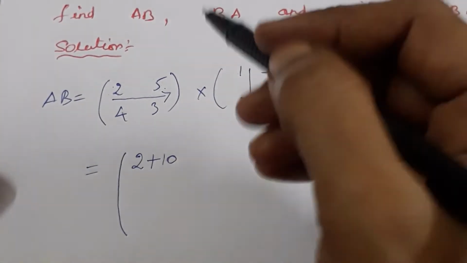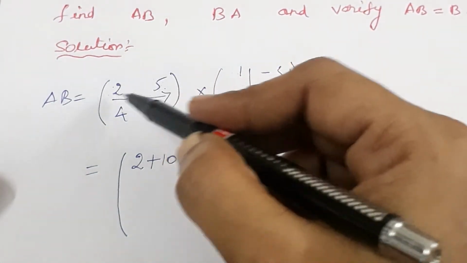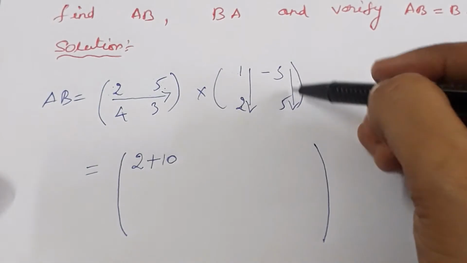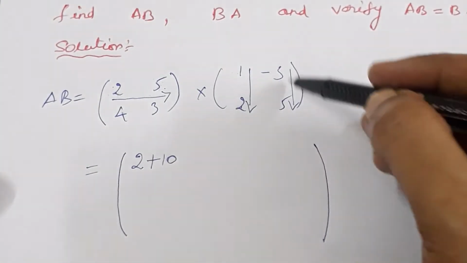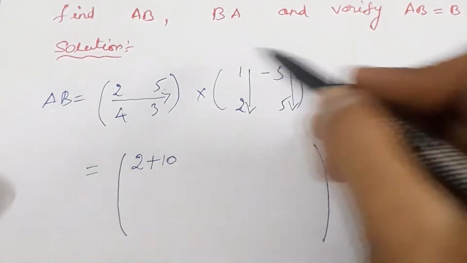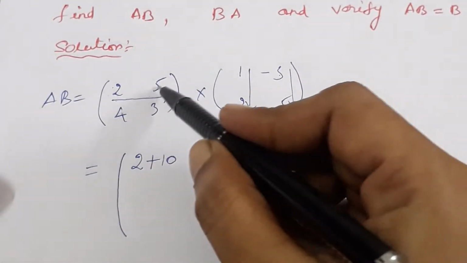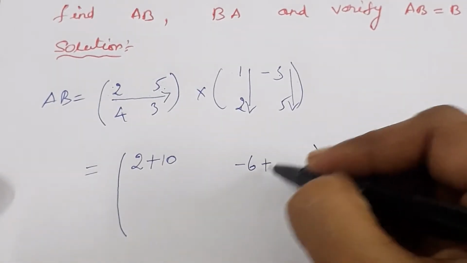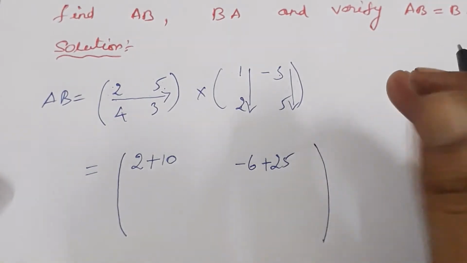Understood clearly? Then take this first row and multiply it by the second column. 2 into minus 3 is minus 6, and 5 5s are 25, plus 25. This is our second entry of the product matrix.